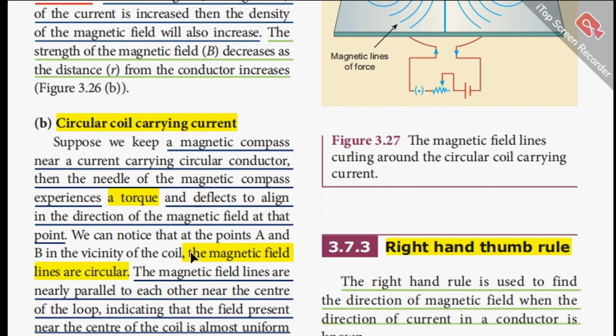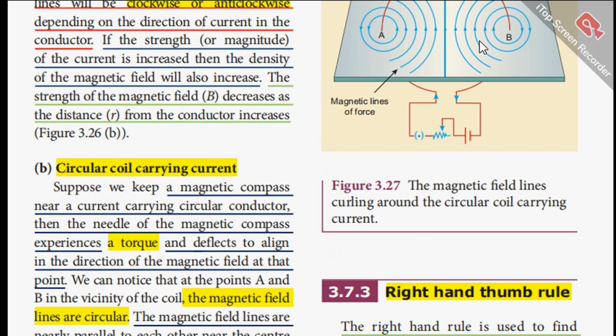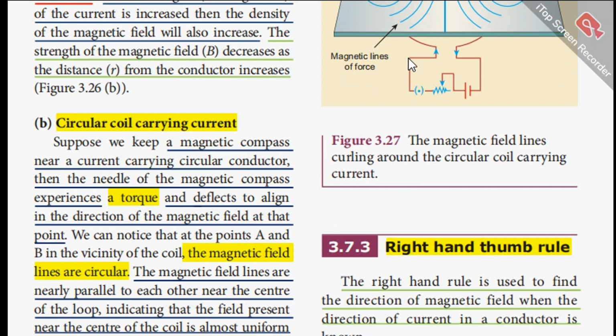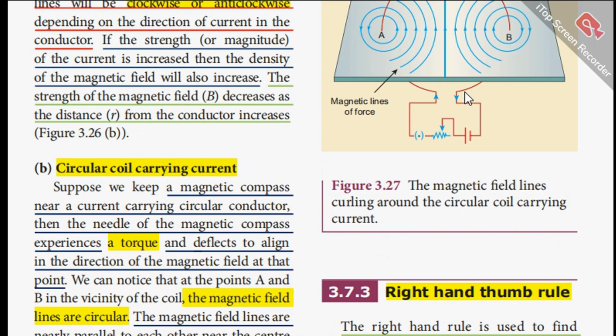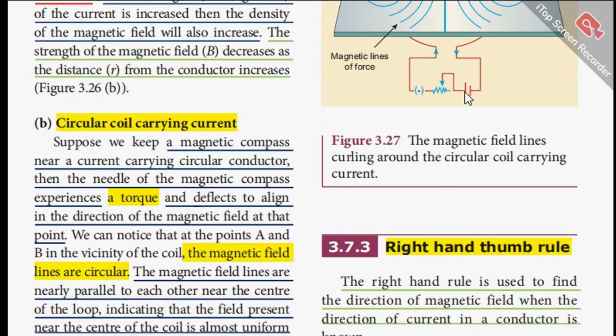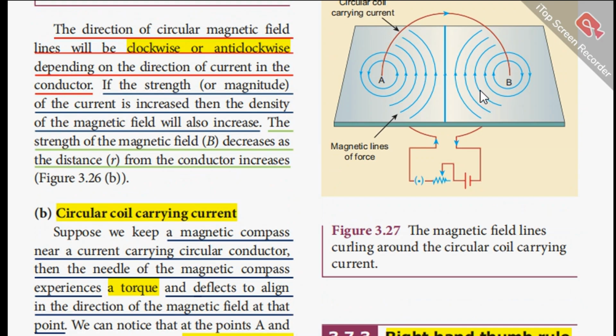We can notice that at the points A and B, the magnetic field lines are circular, and the magnetic field lines are nearly parallel to each other near the center of the loop. Like this, they are parallel. This indicates that the field present near the center of the coil is almost uniform.